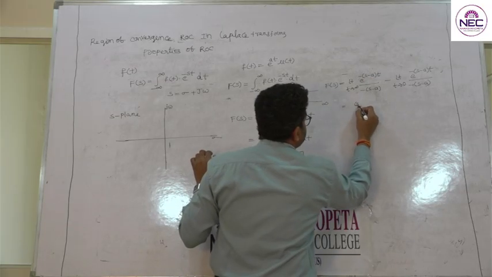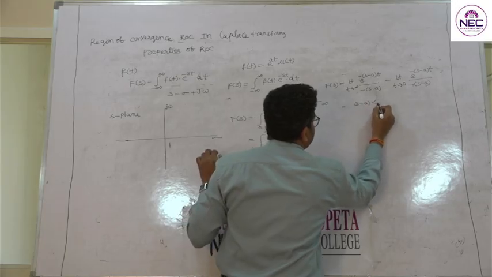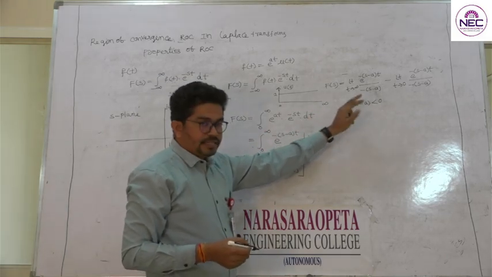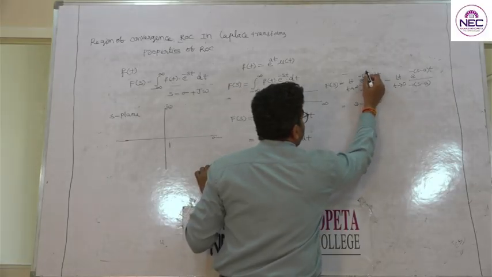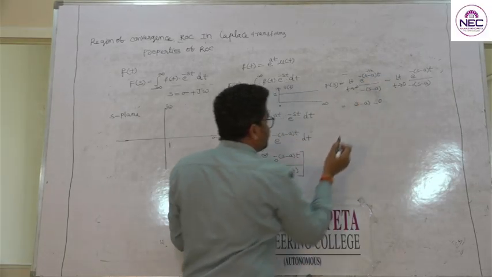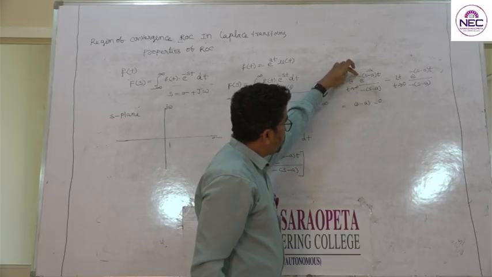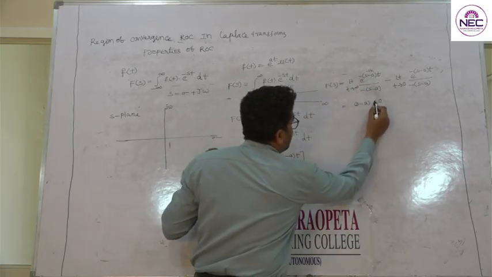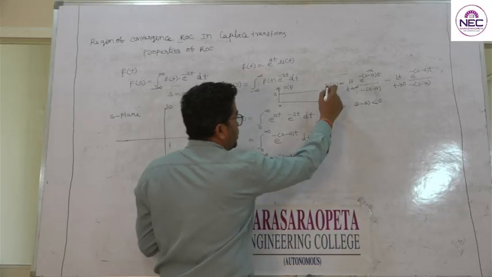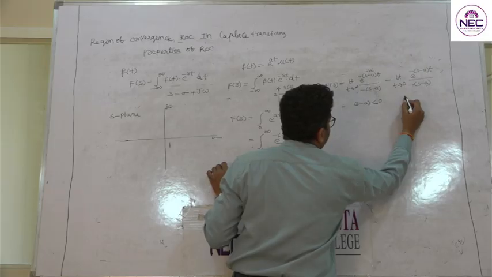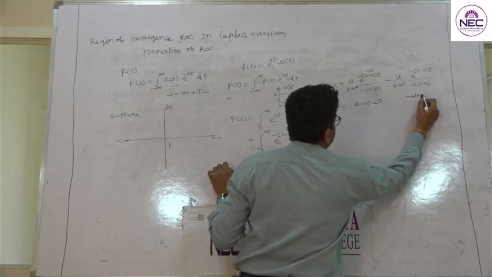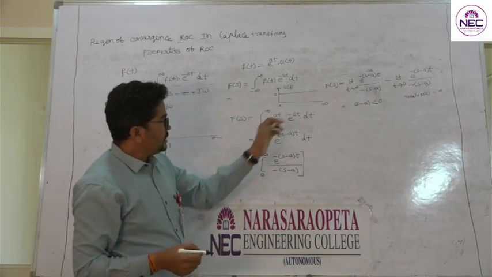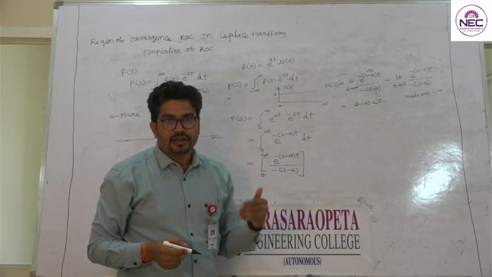Suppose s minus a is less than 0, which indicates s minus a is negative. Then e power minus of negative into infinity equals e power infinity, which equals infinity. So the total value of F of s is infinity; the transform does not converge and does not exist.